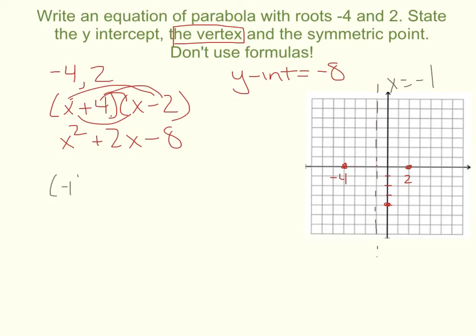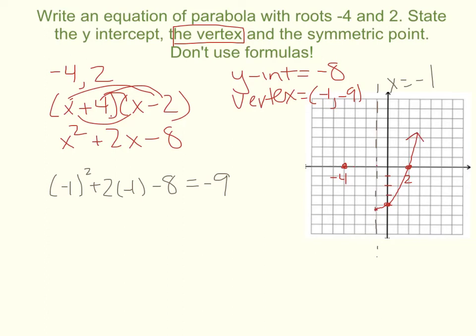So we're going to plug in -1 into this. When you do those calculations, you get -9. So that means our vertex is at -1, -9. No formula.